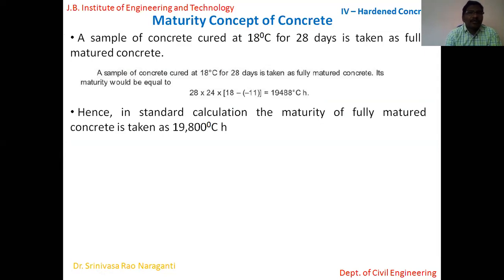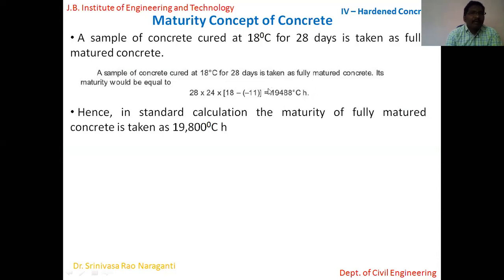So maturity is given as 28 days. I'm converting it to hours, 28 into 24, into the temperature difference. I'm curing at 18 degrees, but the lowest temperature at which curing can happen is minus 11 degrees. So I'm finding the difference, 18 minus of minus 11. So 18 plus 11 into this factor would give me 19,488 degrees centigrade hour.